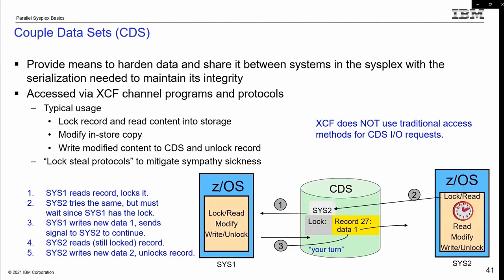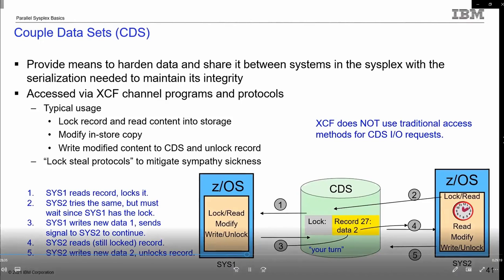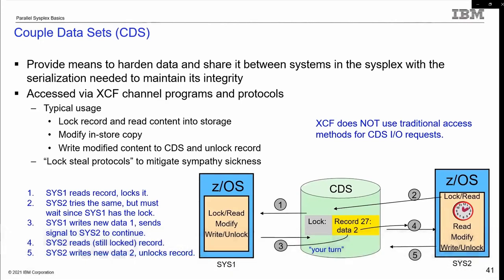XCF does not use any of the standard access methods, but uses its own channel programs to actually access the data. And by doing so, you're able to store shared configuration and shared status values of various activities that are going on with all the Sysplex members.